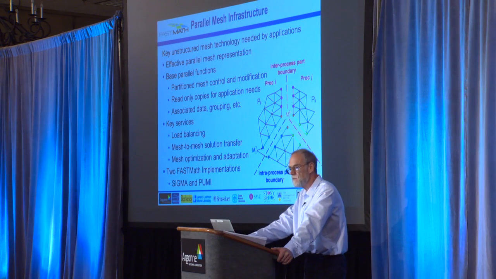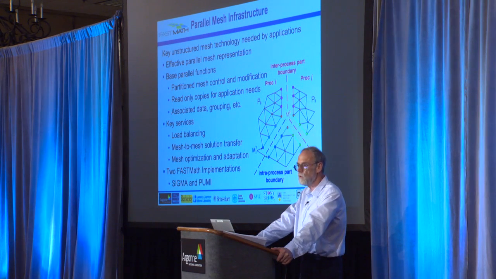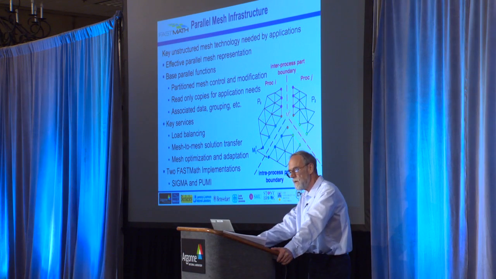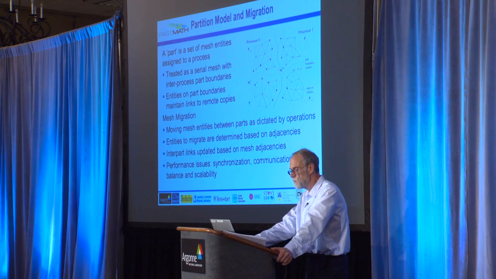So we have the infrastructures and data structures to support the parallel mesh, as well as the partitioning of that, services such as load balancing, solution transfer, mesh optimization. And there are two implementations of these which we will be presenting to you.